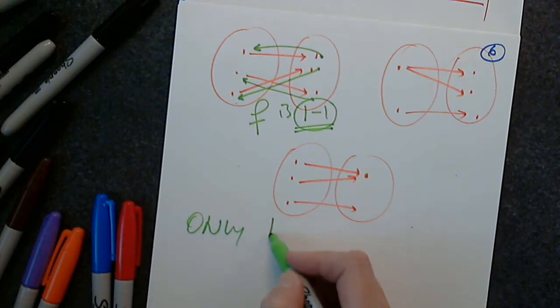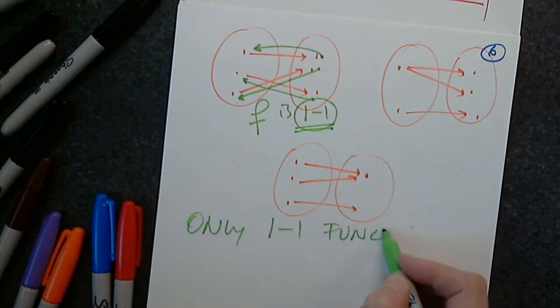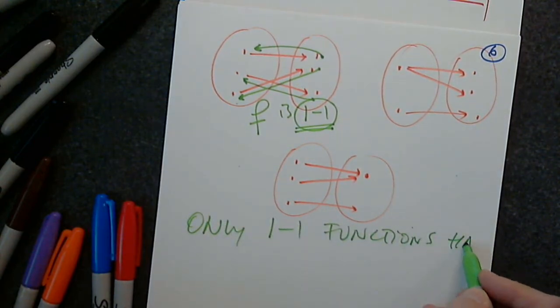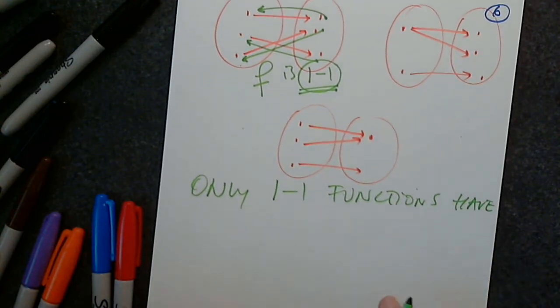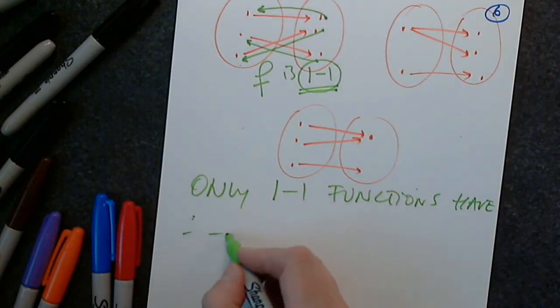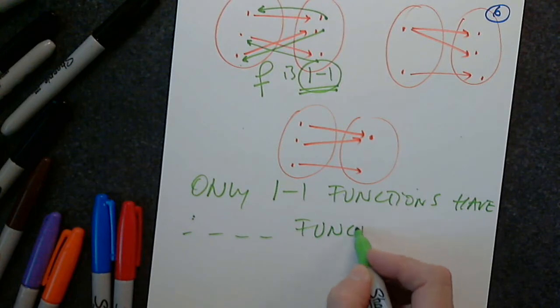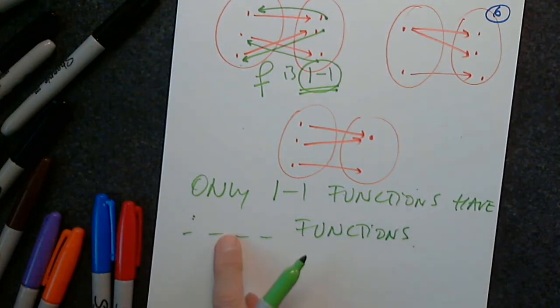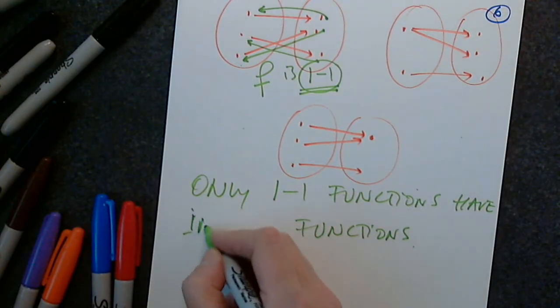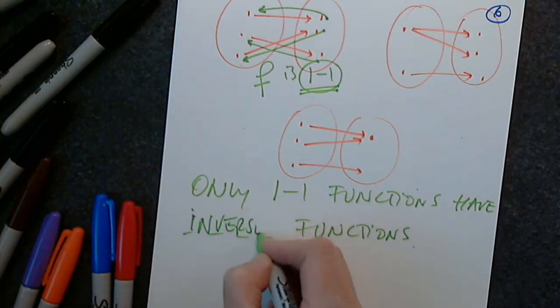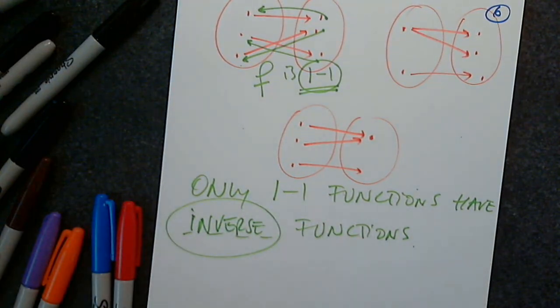Only one-to-one functions have what? Inverse. Indeed. Only one-to-one functions have inverse functions.